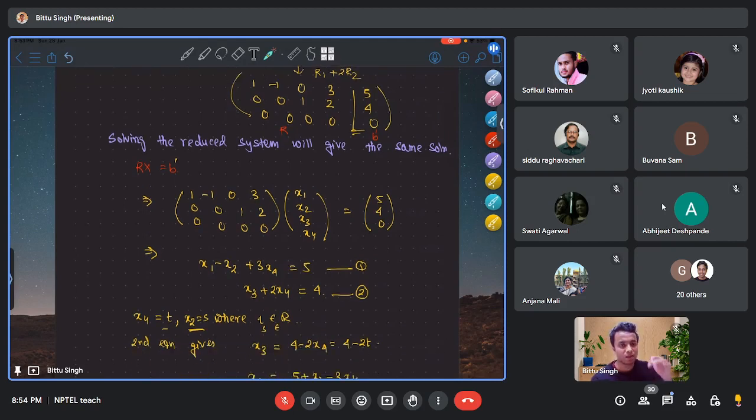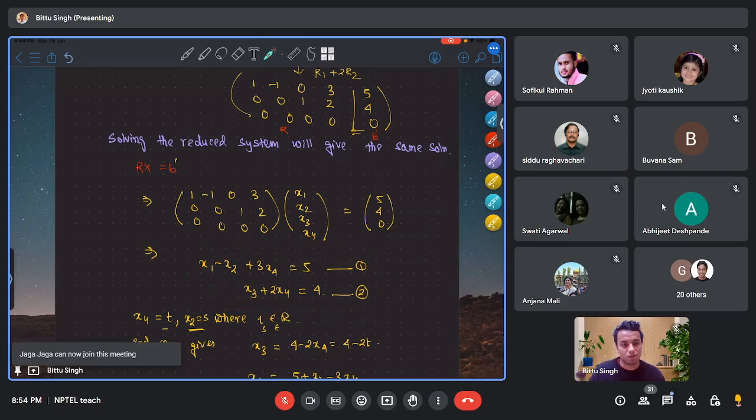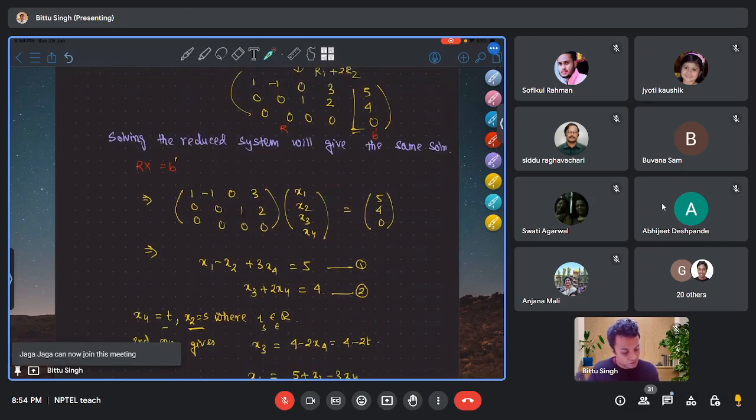The main thing to remember is that this new equation and the old equations have the same solutions. Here just note that pivot elements are in the first column and in the third column.